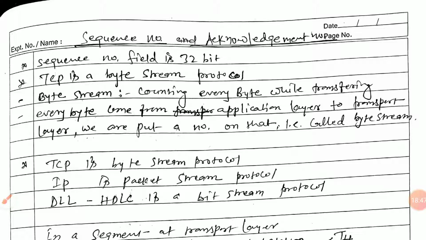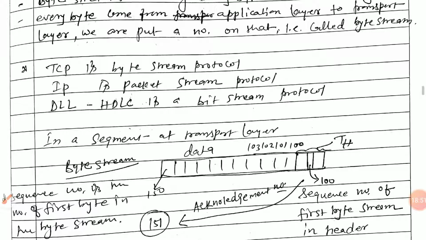Now we are talking about TCP. TCP is a byte stream. What is the meaning of byte stream? As I have already discussed, the data unit at the transport layer is a segment. In a segment at the transport layer, suppose in this example there is data followed by its header.